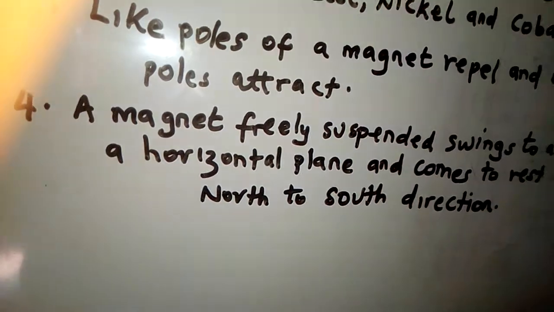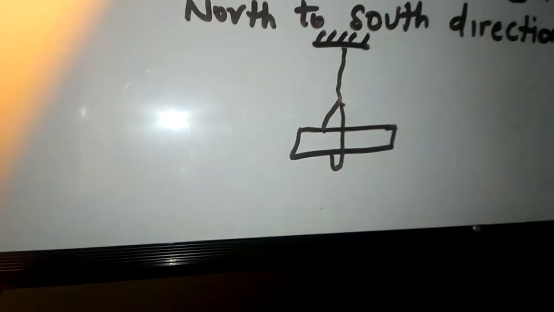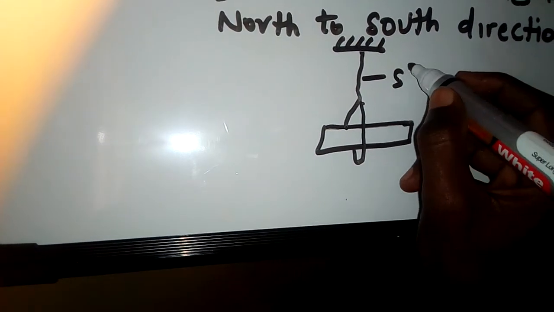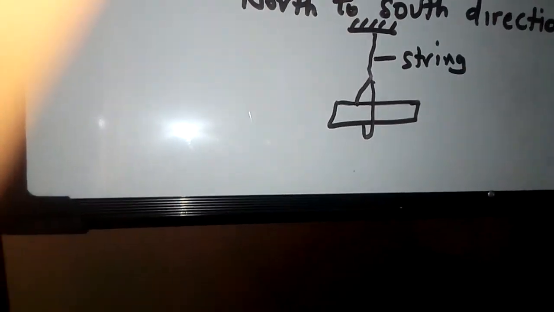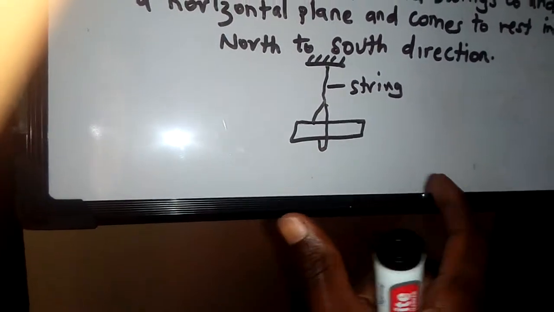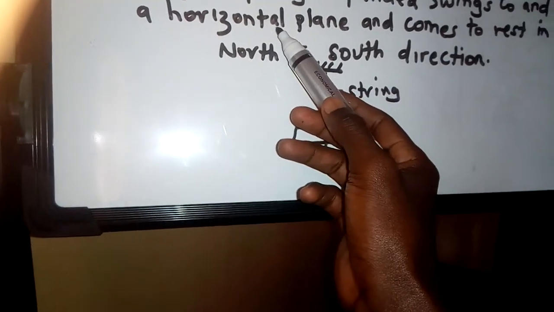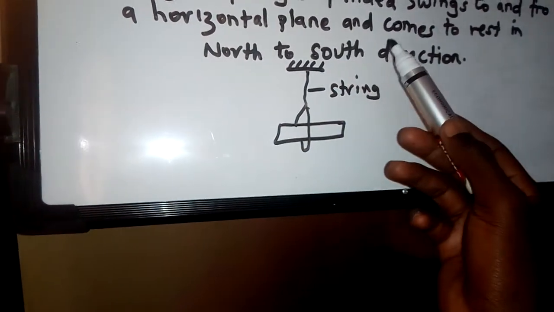Yes. So when you suspend a magnet, if this is a magnet, and then you tie a thread, and then you hang it, you suspend it using a what? A string. If that is your magnet, what that magnet will do will swing, and you'll be swinging horizontally, not vertically. Then time is going to come when it will stop swinging.